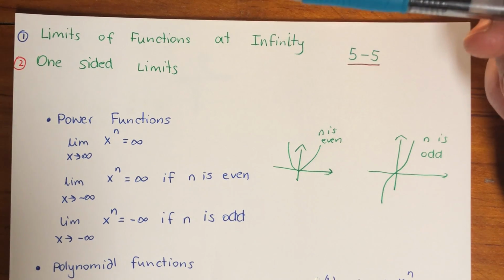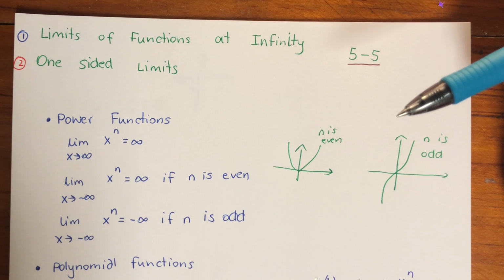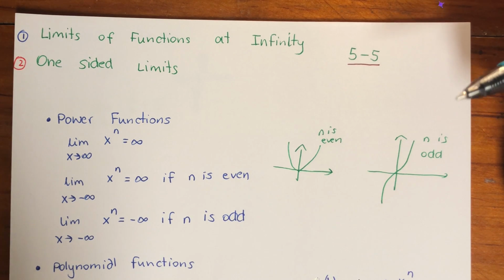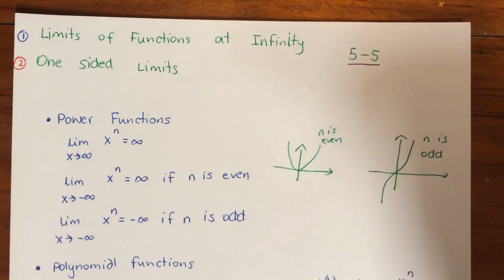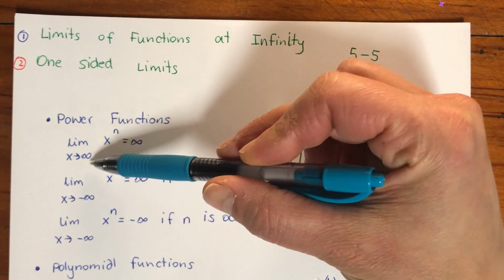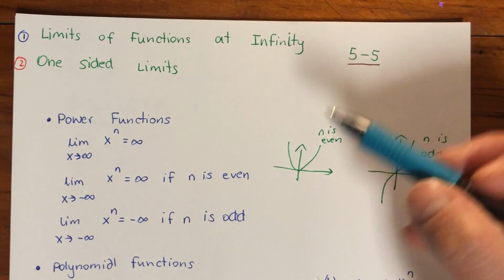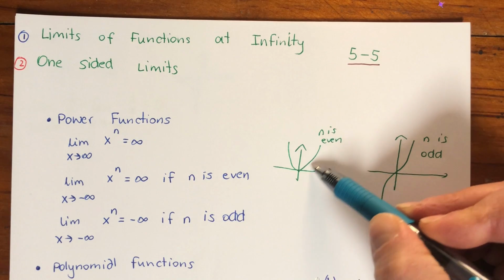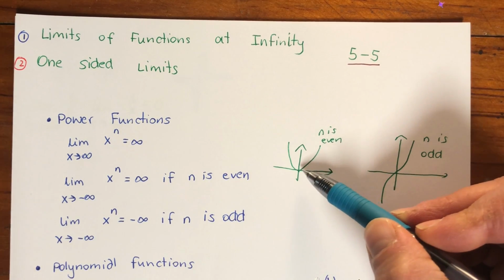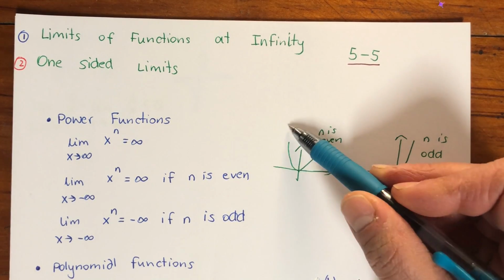If we think of a power function, an example could be just a parabola, y is equal to x squared, or y is equal to x to the power of 3. If you think of a limit, you are thinking about end behavior. No matter what power it is, as x approaches positive infinity, even if you have x squared or x to the fourth or x to whatever even power, it's going to look like this.